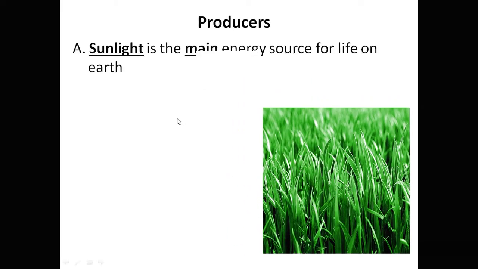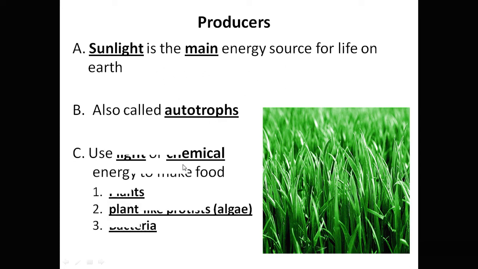So what are producers? We all know that sunlight is the main energy source for life on earth. So the producers, they are also called autotrophs, which use this sunlight as the main energy source. They use light or chemical energy to synthesize their food material. So who are the main producers? Plants, plant-like protists like algae, bacteria.